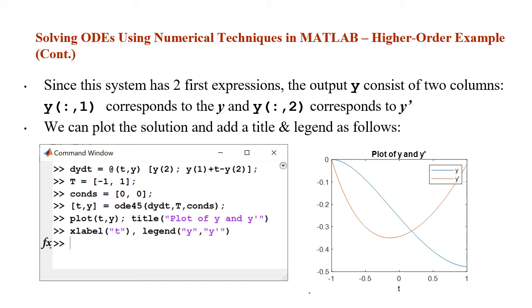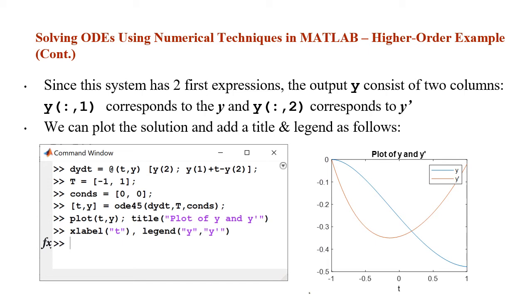Here I'm using the double quotation because I need to use the prime, or the apostrophe, to express y prime. The first column is y, so the first legend should be y, and the second legend should be y prime.